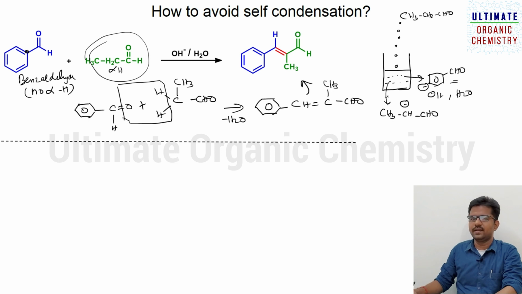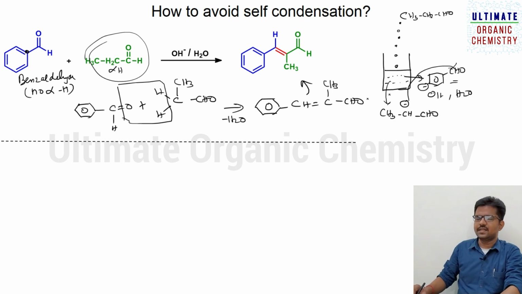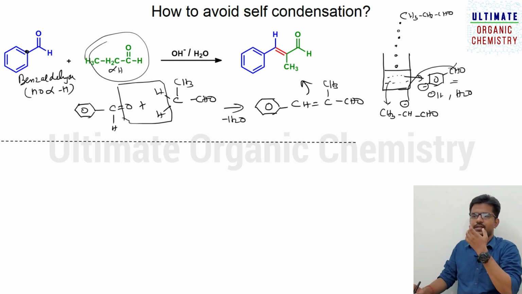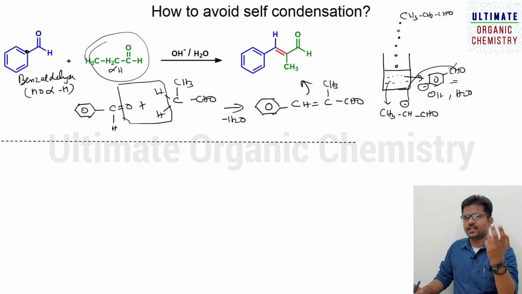So rather than reacting with the same molecule, it immediately goes and attacks benzaldehyde, and as a result you will get only one major product. A slight minor product may be formed, but you will get the major product. So by changing the addition, you can control the self-aldol condensation product.